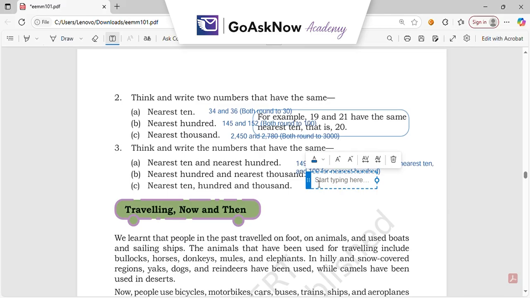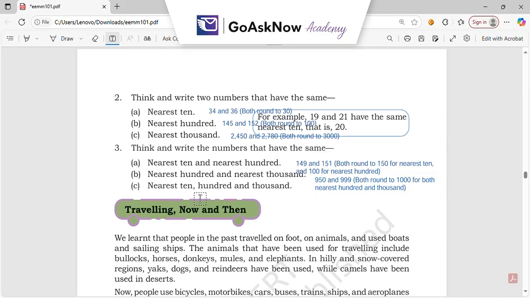Next, nearest 100 and nearest 1000. Here we are taking 950 and 999, both round to 1000 for both nearest 100 and 1000.